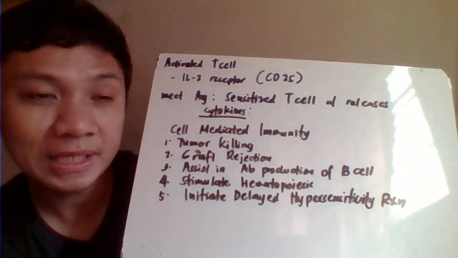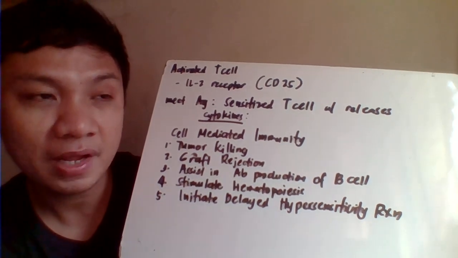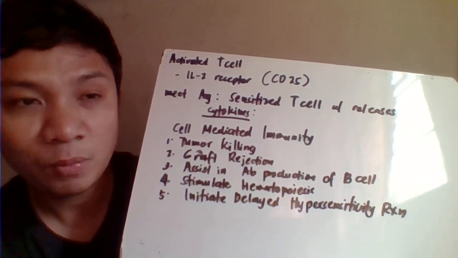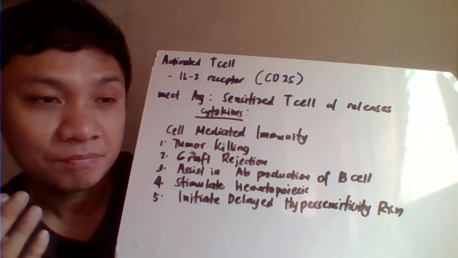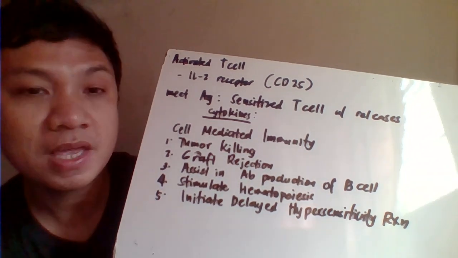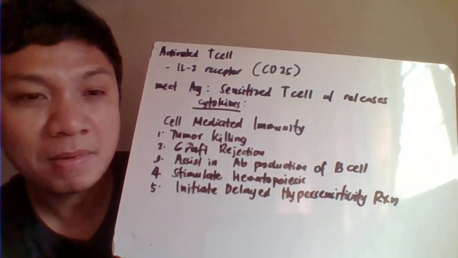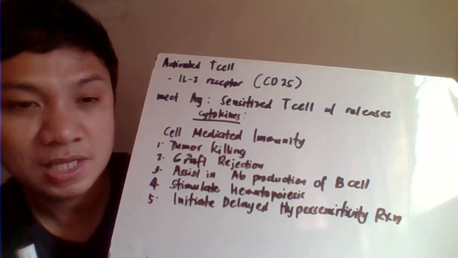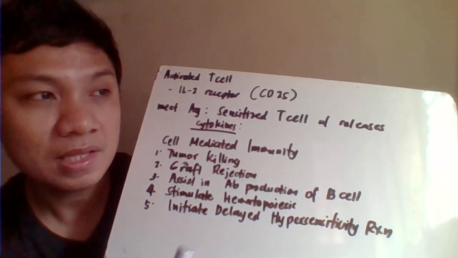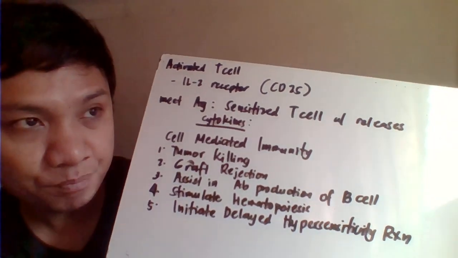On the next encounter with the antigen responsible for its sensitization, it releases your cytokines, and that will be manifested as your cell-mediated immunity. The cytokines released by your T cells will be involved in our cell-mediated immunity.